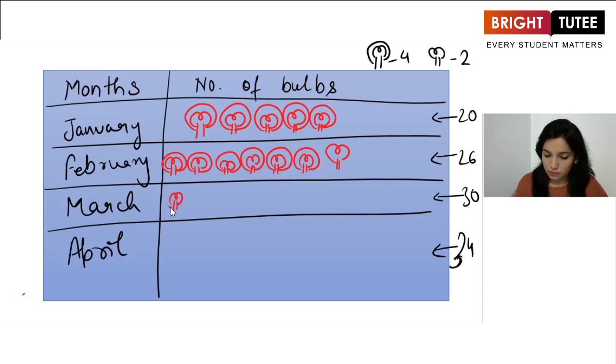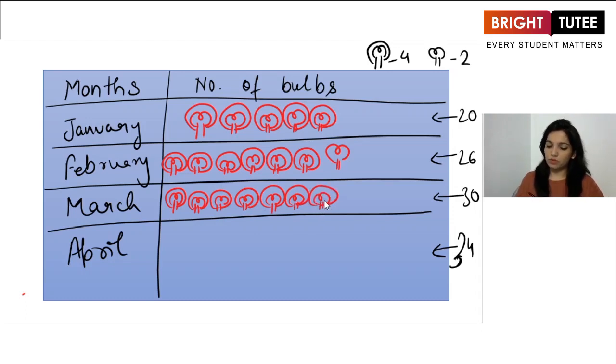So 1, 2, 3, 4, 5, 6, 7. So we have drawn 28 number of bulbs. Now we need 2 more to make it 30. So we'll draw just a half image.